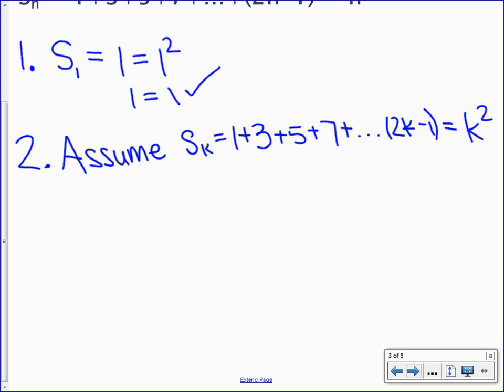So now we're going to work with our k plus 1 sum.